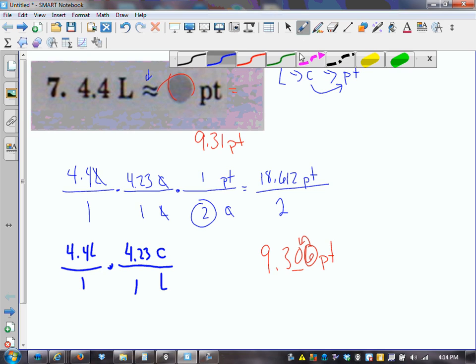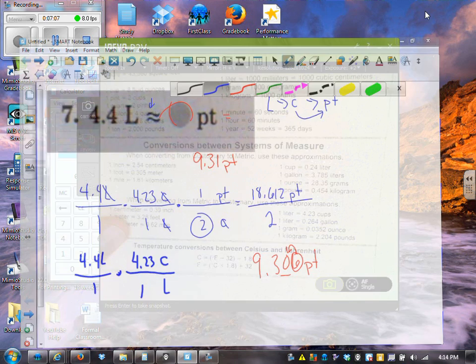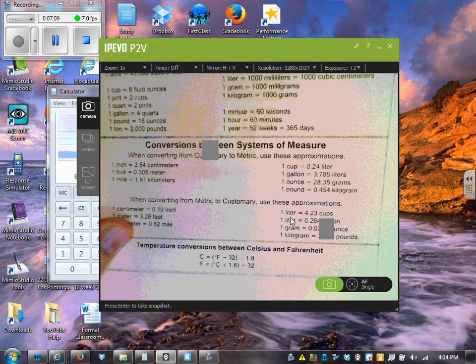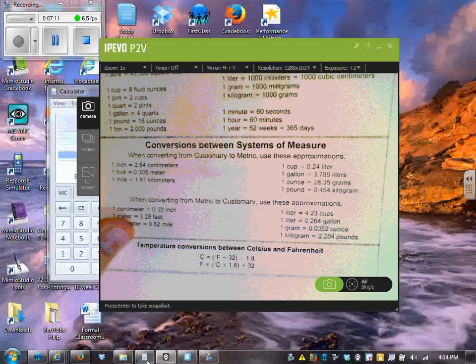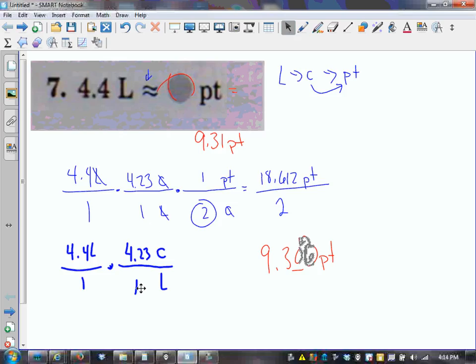You don't want to do that. The reference sheet says 1 liter, 4.23 cups. That's where you're going to put it. You're going to put 1 next to liter, 4.23 next to cups. Dimensional analysis, that's what we're doing here. Dimensional analysis will put everything right where it's supposed to go if we do it right, okay?